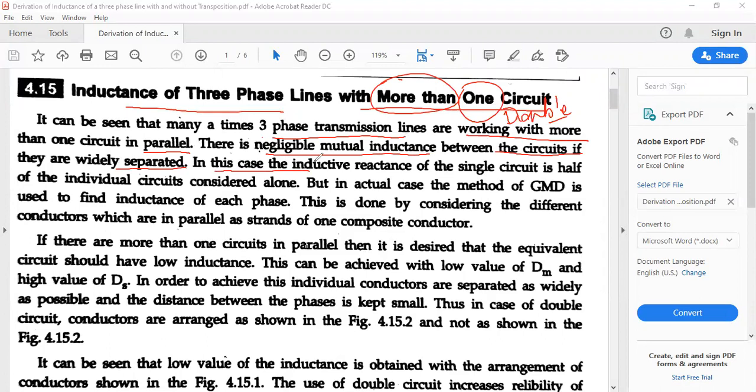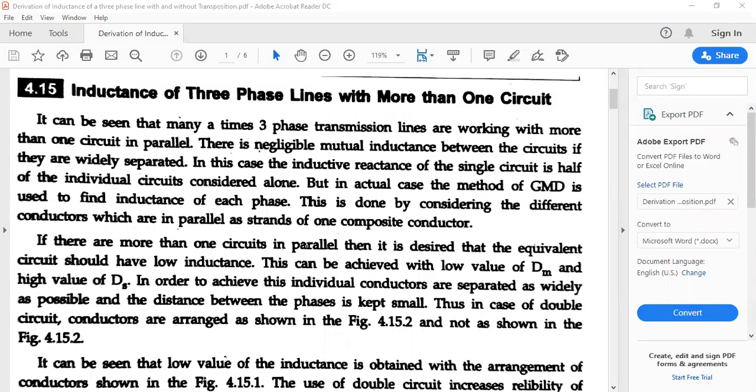In this case, the inductive reactance of the single circuit is half of the individual circuit considered alone. But the actual method of GMD is to find the inductance of each phase, by considering the different parallel conductors as the strands of one composite conductor.